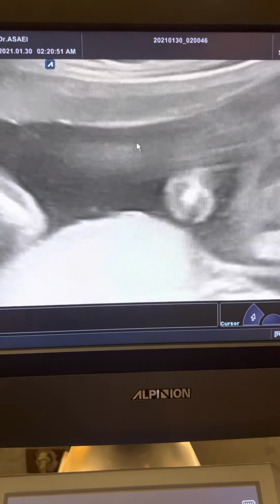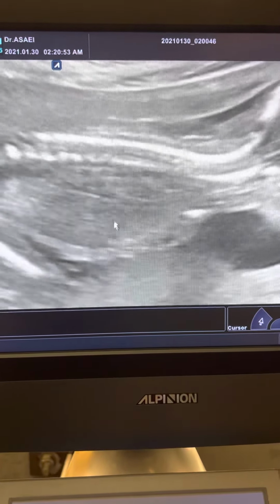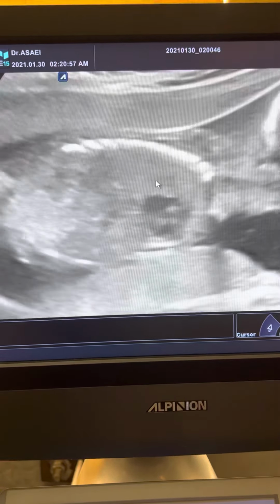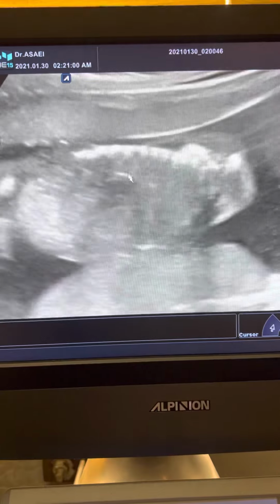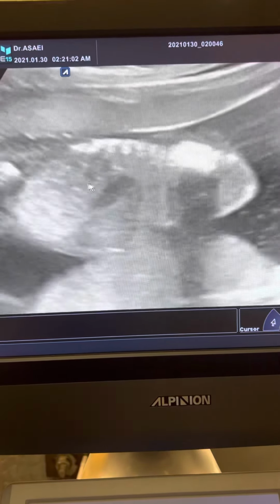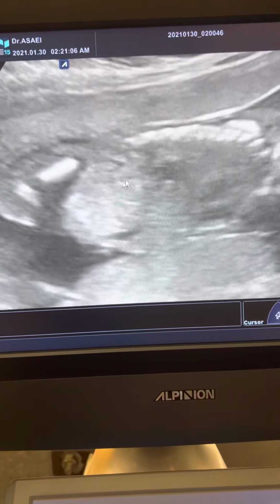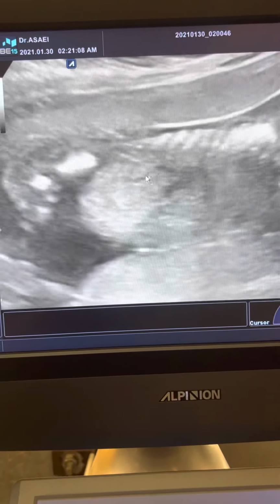Of course, here we have the diaphragm. The stomach is lower than the place of the chest, so it's in proper place. No hernia is noted. Here we can see the left kidney.